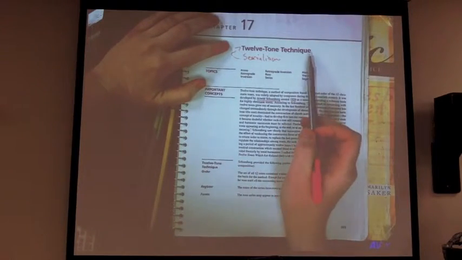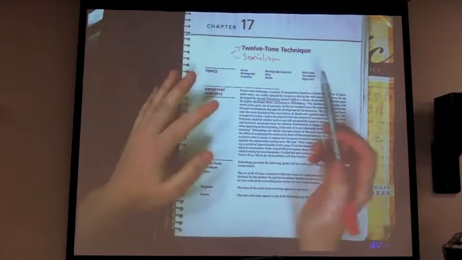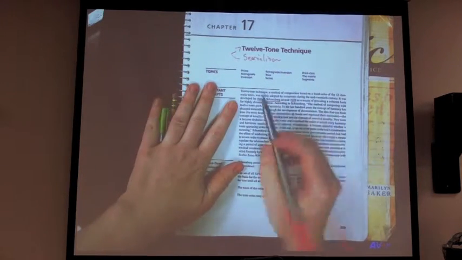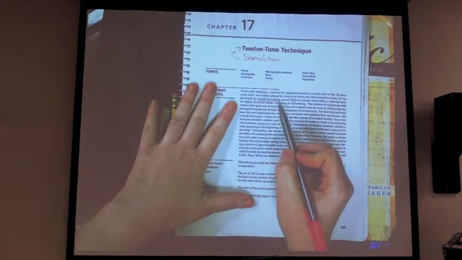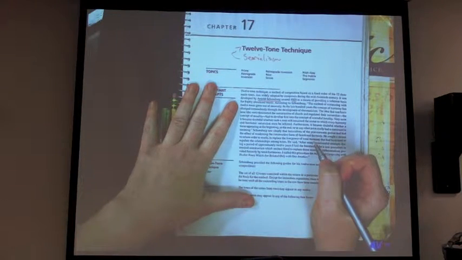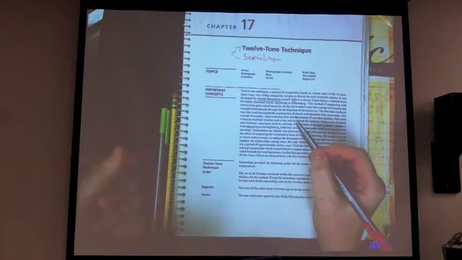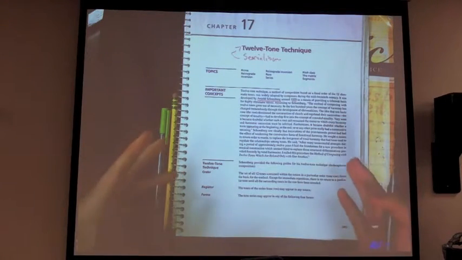12-tone technique can also be known as serialism. It was invented and developed by a German composer named Arnold Schoenberg around 1920. And it was adopted by Schoenberg, Alban Berg, and Webern mostly.